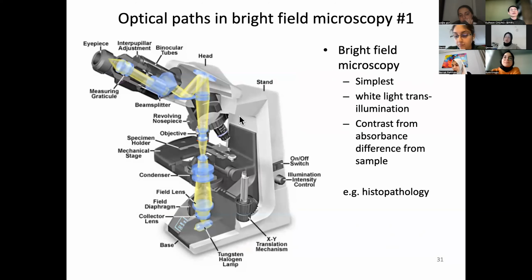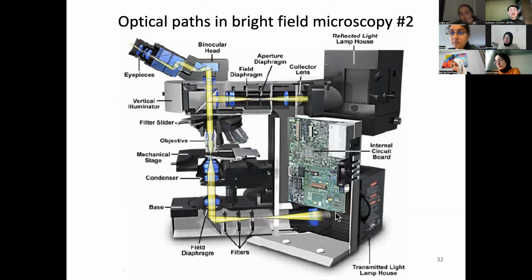All right, so in pathology class, people use this type of bright field microscope, the simple one, and your pathology slides give contrast from absorbance. So it actually contains color, and that's histopathology. People are working on that. But when you are working in a laboratory, a modern microscope actually looks more complicated, but the basics are exactly the same.